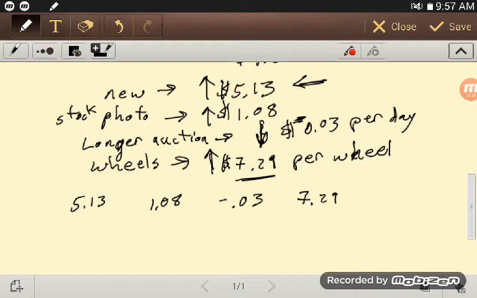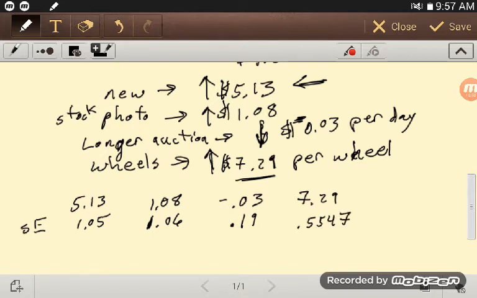The standard errors on each of those were 1.05, 1.06, 0.19, and 0.5547.